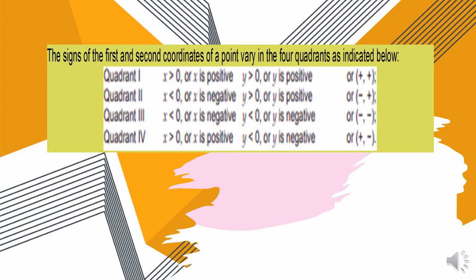And for our last quadrant, quadrant 4, x is greater than 0 or x is positive, and y is less than 0 or y is negative. The sign for x in quadrant 4 is positive, and for y, it is negative.